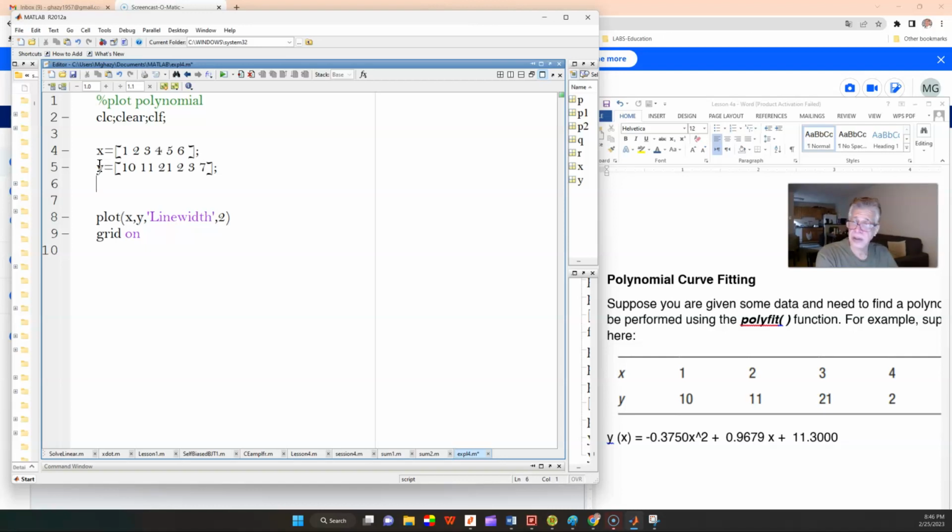So I will write polyfit, but I want to call it by a name. Let me call this y1. All right, y1. And I will write the output y from the polyfit. So what's polyfit?